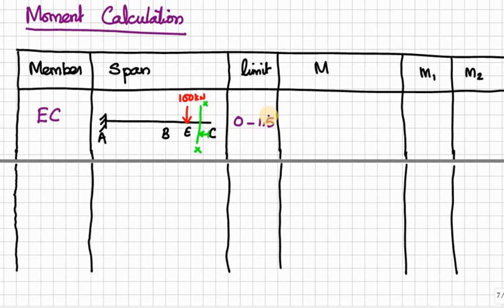So to avoid such a situation, we focus only on the right side of the section where we have no external loads. Therefore, capital M is equal to 0 for span EC.